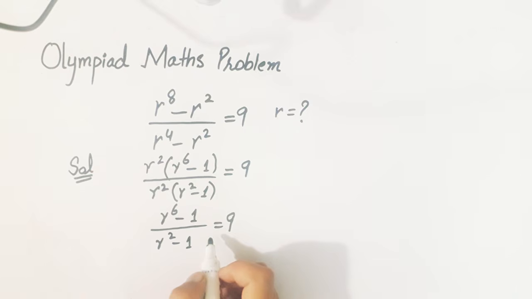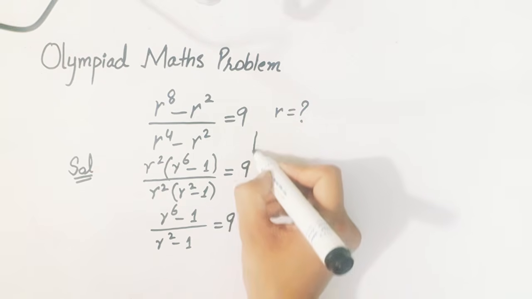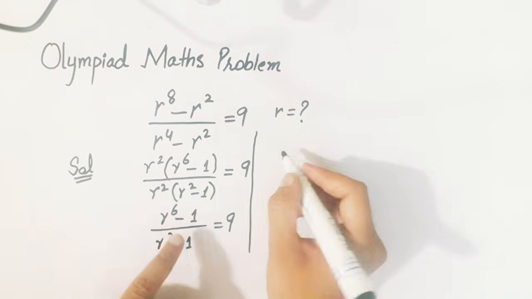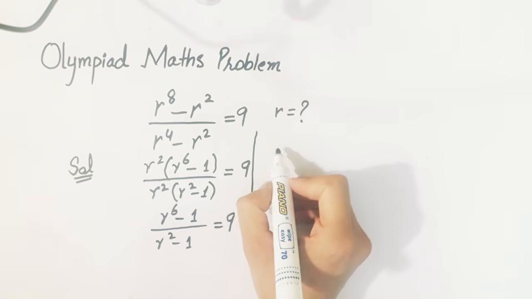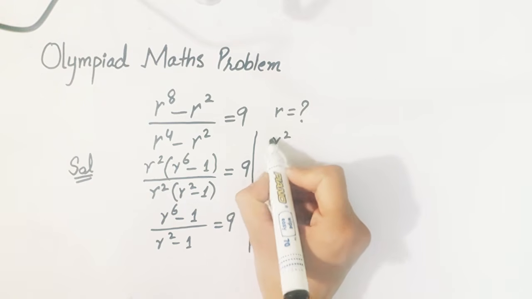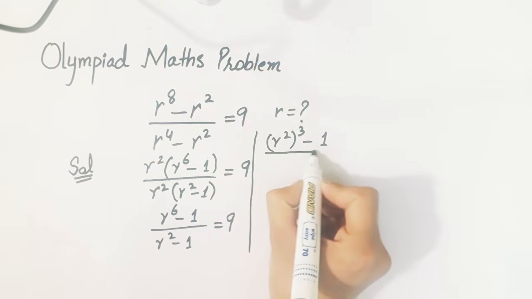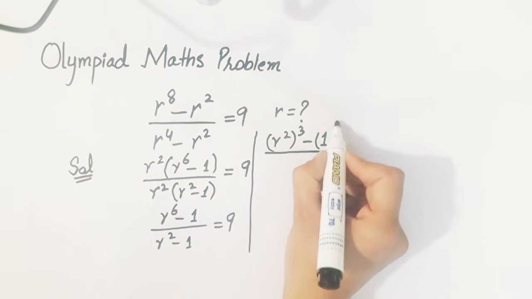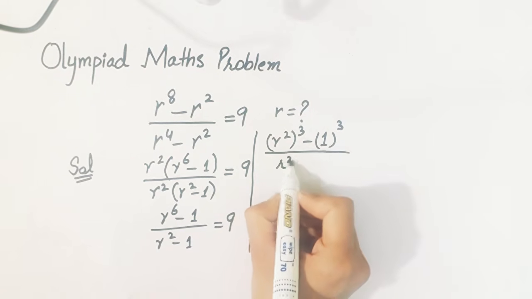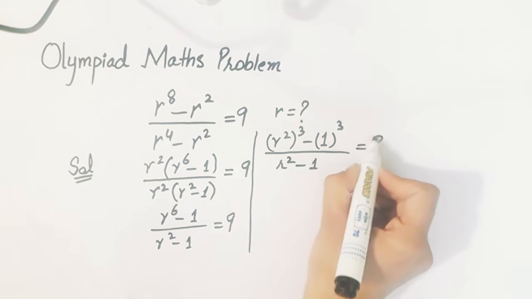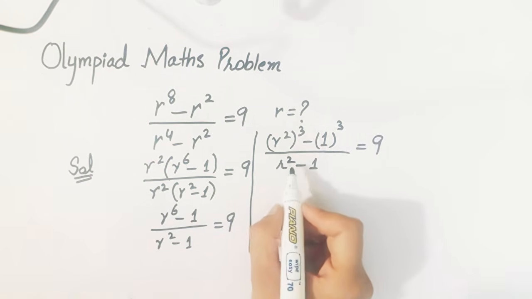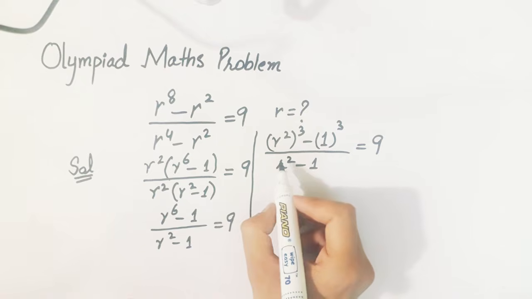Now we will solve this. r power 6 can be written as (r square) cube minus 1, and this is also the cube of 1, divided by r square minus 1, that equals 9. Here we can apply the formula of a cube minus b cube.